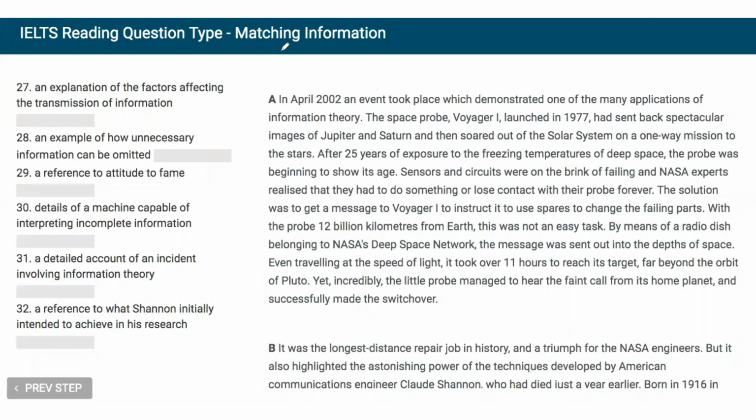Okay, and just from looking and scanning with a headlight, I already see something that catches my attention. An event took place, okay, which demonstrated one of the many applications of information theory. So, information theory, I remember, was here in number 31, a detailed account of an incident involving information theory.